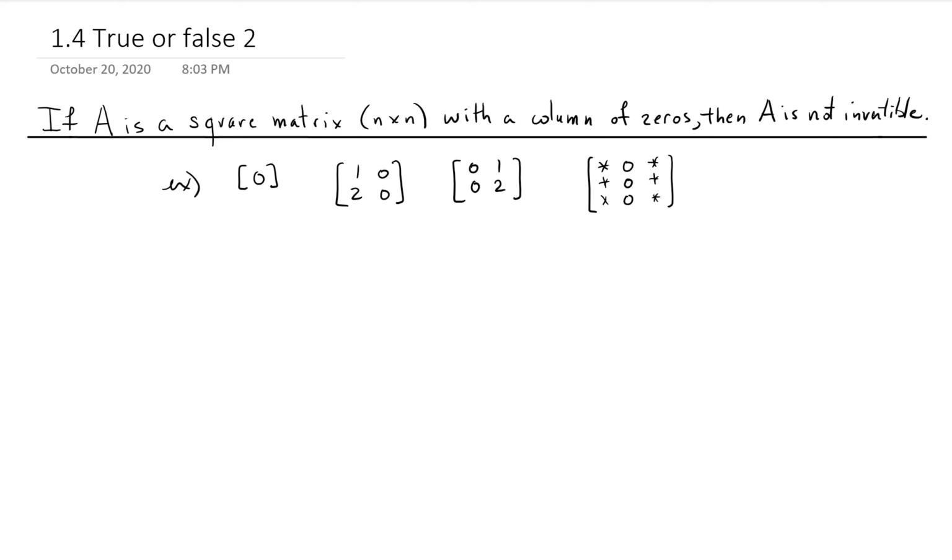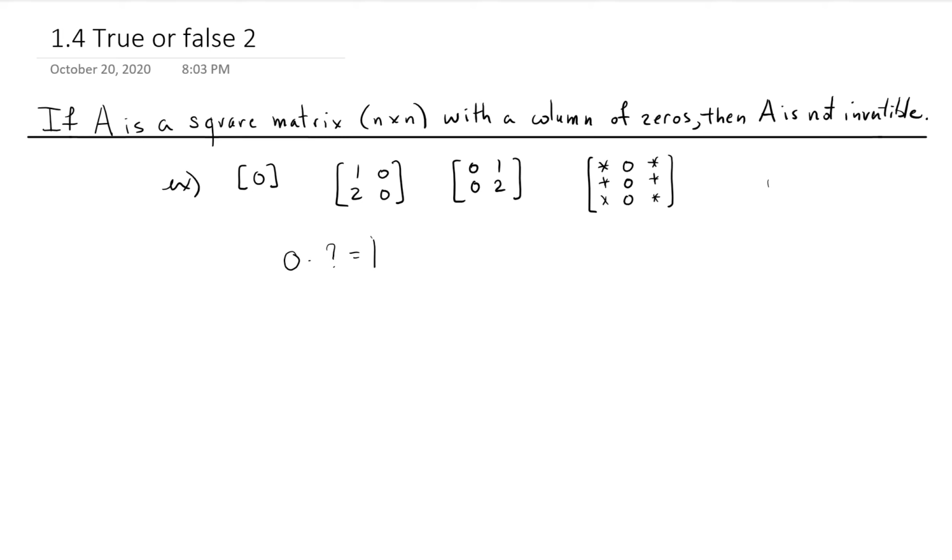So of course, if we're dealing with the 1 by 1 matrix, then in this case it's just the number 0. And 0 has no inverse. It has no reciprocal, right? Because remember, if 0 would have an inverse, I would be able to multiply 0 by something in order to get 1.